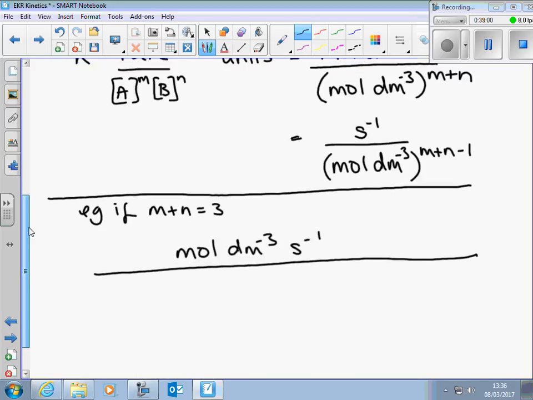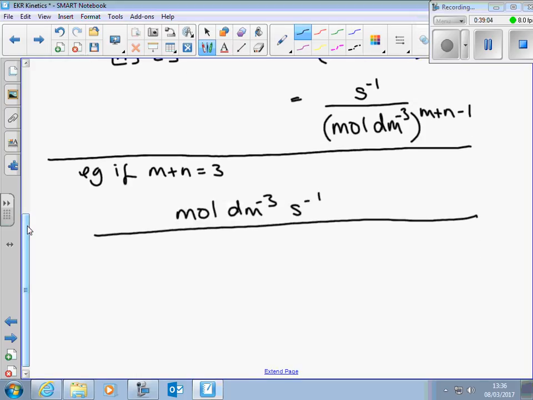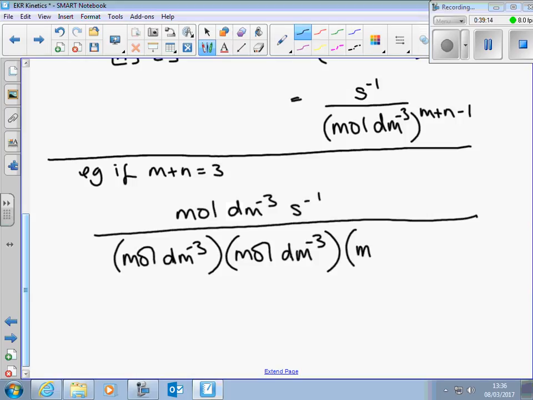Up there it was moles per decimeter cubed to the M plus N, and what we're saying is that is moles per decimeter cubed times moles per decimeter cubed times moles per decimeter cubed. That is moles per decimeter cubed to the power M plus N, if that's 3. Is that okay? Are we getting there?